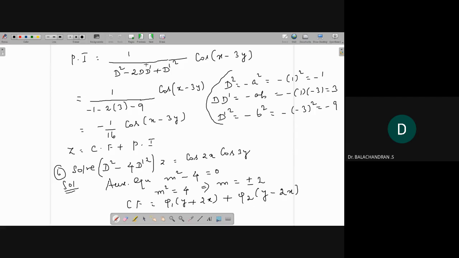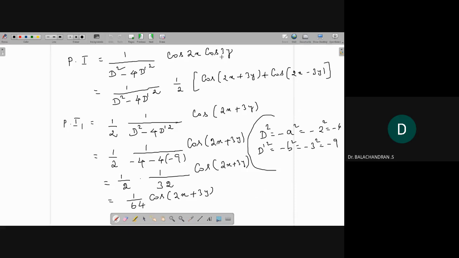Now the right hand side function is cos 2x into cos 3y. So now I am going to use the formula for 2 cos a cos b. 2 cos a cos b is cos of a plus b plus cos of a minus b. So here 2 is missing, that's why I'll divide by 2 here. So PI1 is 1 by 2 into 1 by D square minus 4 D dash square into cos of 2x plus 3y.